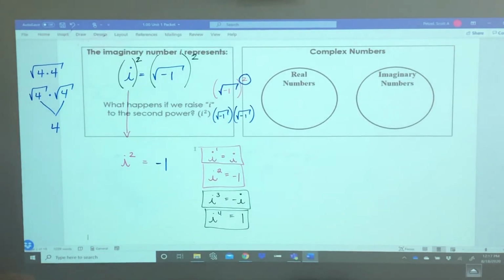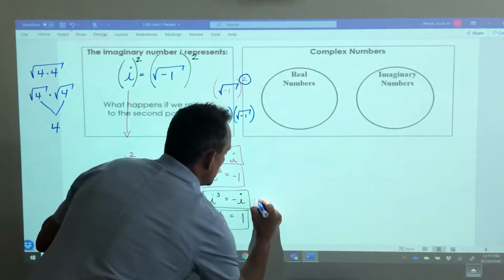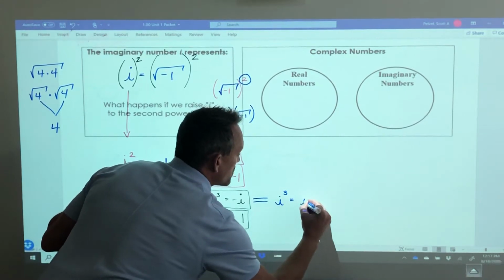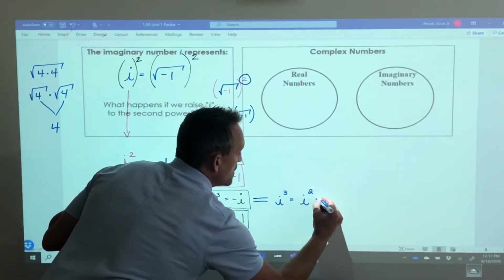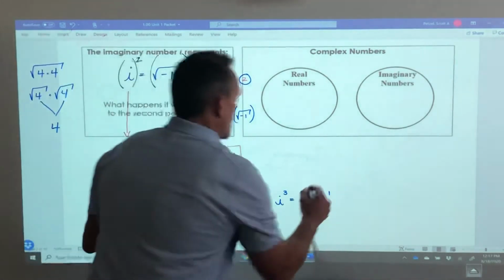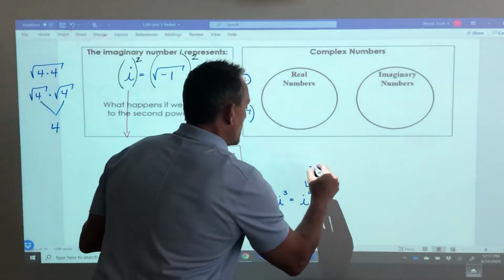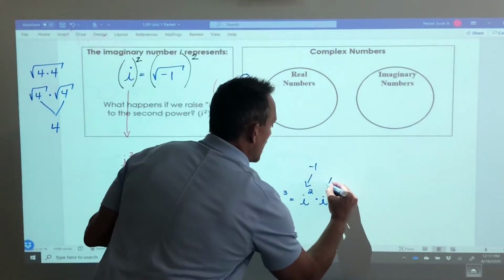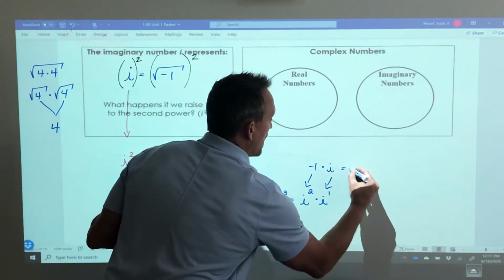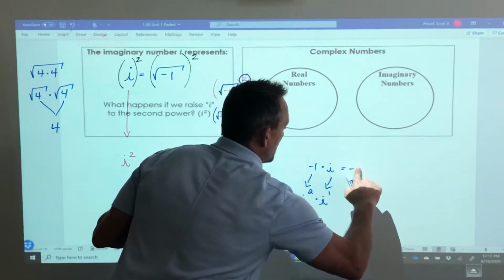If we think of it in these terms, i to the 3 equals i squared times i to the 1. i squared equals -1, i to the 1 equals i, -1 times i equals -i.